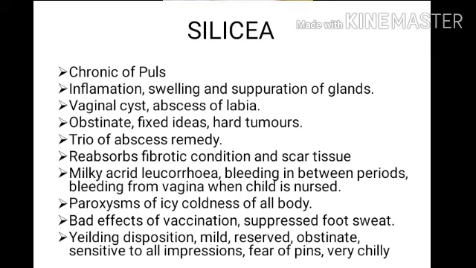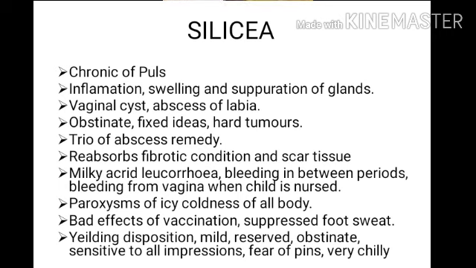While writing the indication of a particular medicine in a particular condition, first we have to write the particular symptoms of that medicine in that condition. In Boericke's Materia Medica or in Allen's Keynotes, there is some description about this particular condition under this medicine. So first we have to write that symptom.